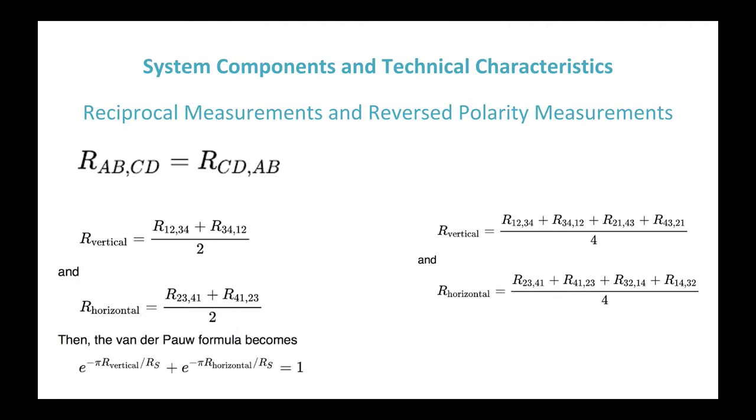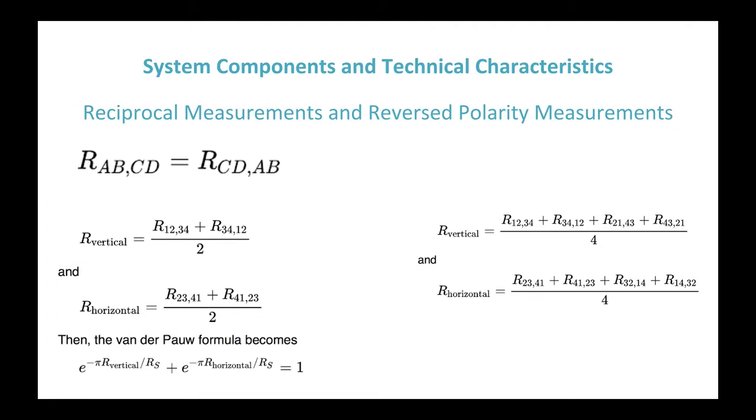Reciprocal measurements and reverse polarity measurements. The reciprocity theorem tells us that resistance ABCD equals resistance CDAB.